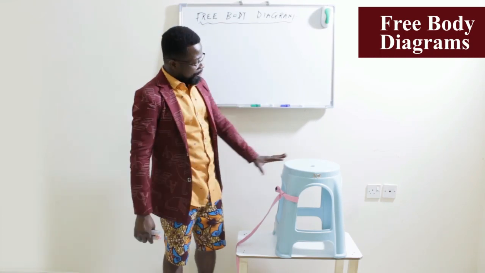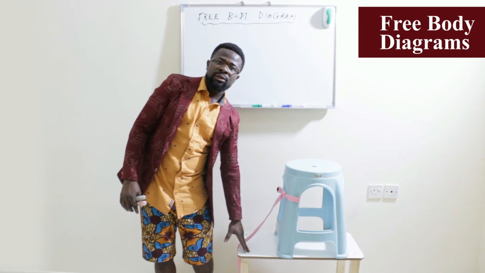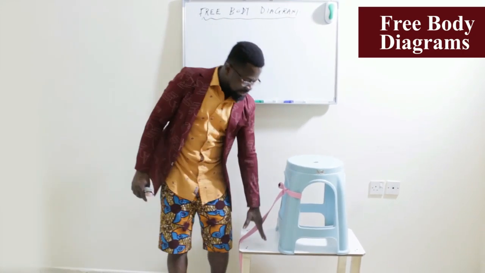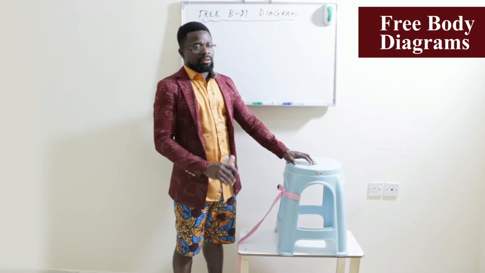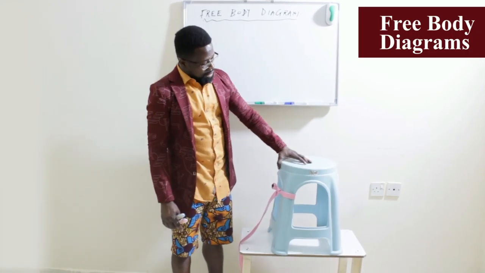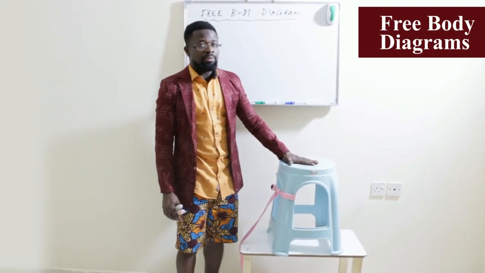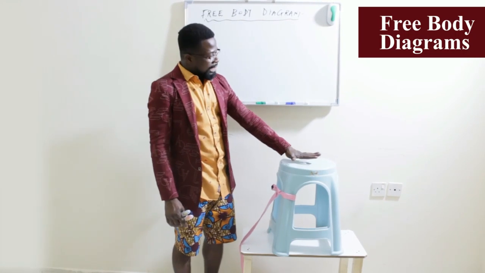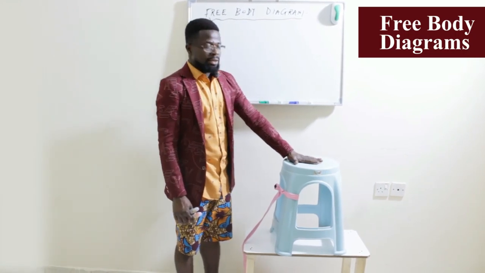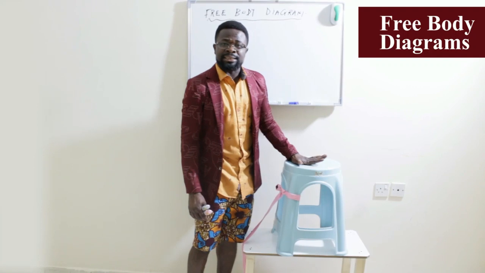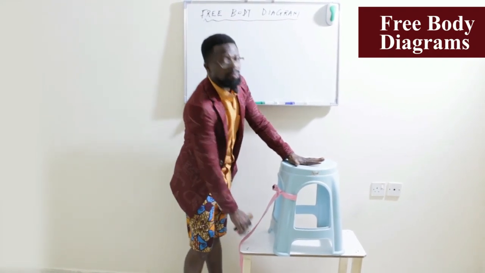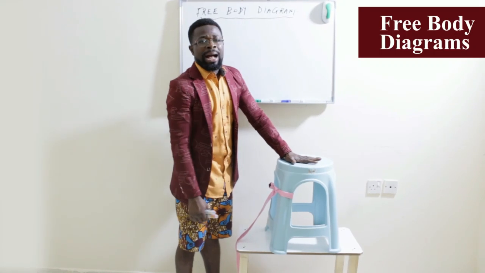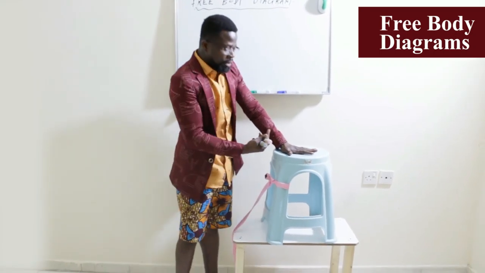So let's look at the first scenario. We have a table, and we have a mass or an object or a body on the table. This body is applying a force on the table, and the table is also applying a force on the body.